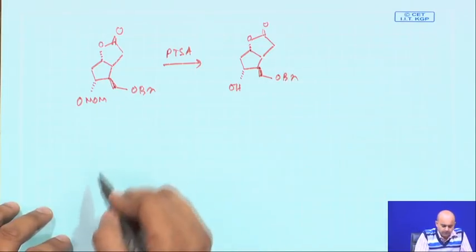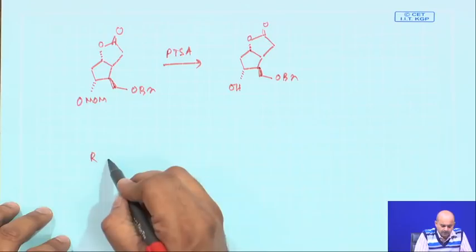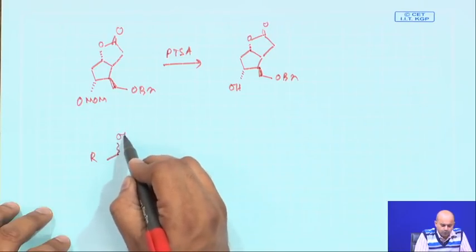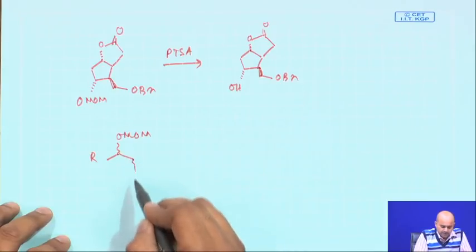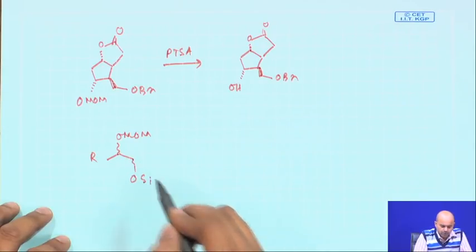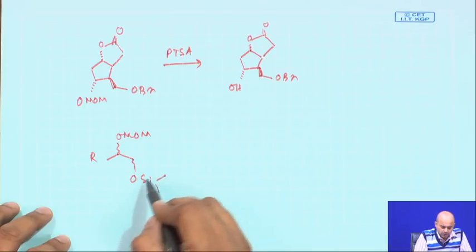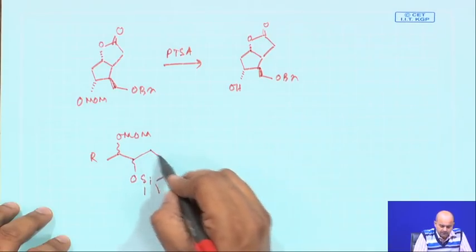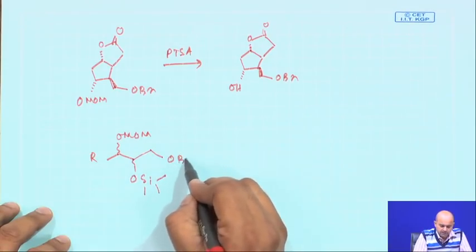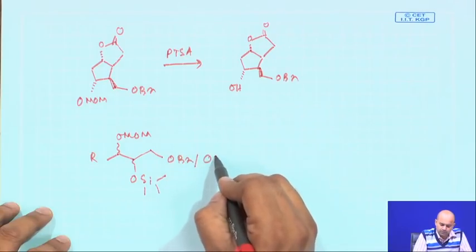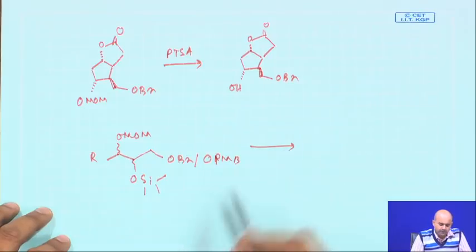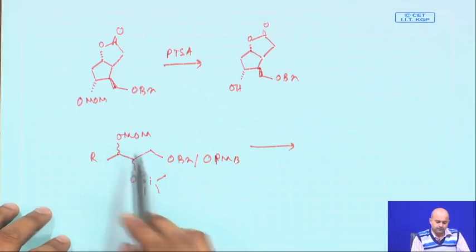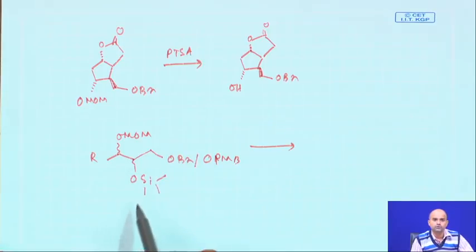Even if your compound has a MOM group, then a silicon containing group, and then a benzyl or PMB containing group, you have to see whether these three groups are orthogonal to each other or not.